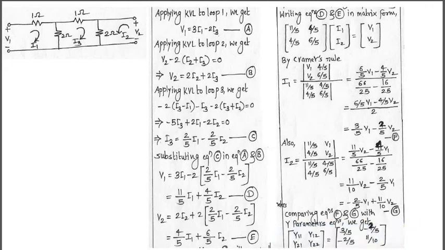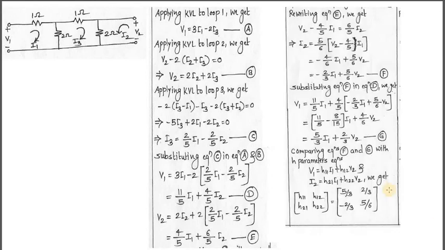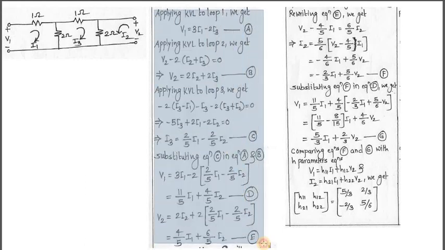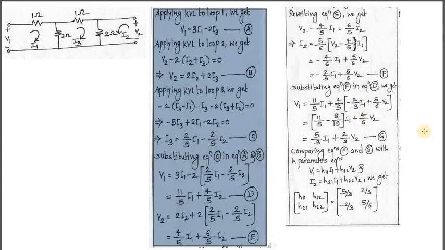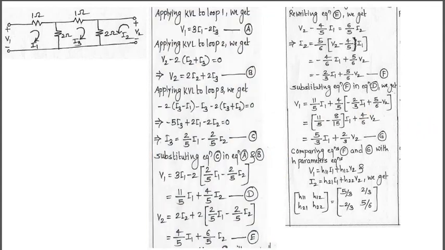Similarly, we will go for finding out h parameters and transmission parameters for the given network. We will go ahead, look at this, with the same circuit and the same methodology till we obtain equations D and E. Then in this case we do not get anything by applying Cramer's rule.